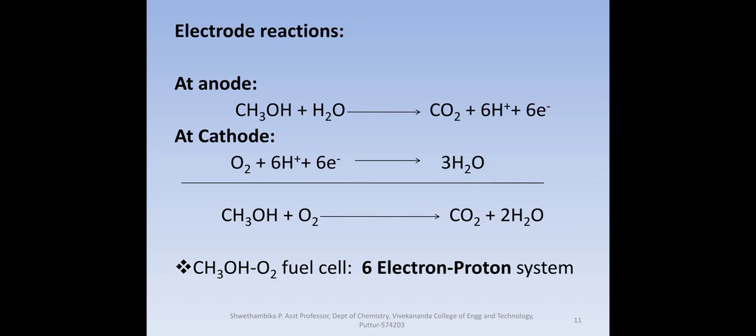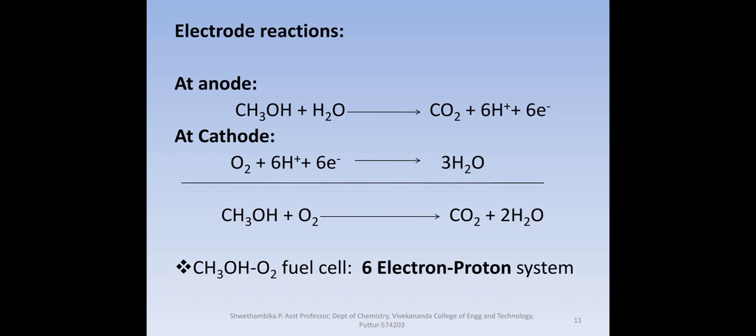The electrochemical process is explained here as oxidation and reduction reaction and the overall reaction. At anode, it is always oxidation process. So we supply fuel methanol CH3OH at the anode, which undergoes oxidation to give carbon dioxide with the liberation of proton and electron as per equation shown at anode surface.